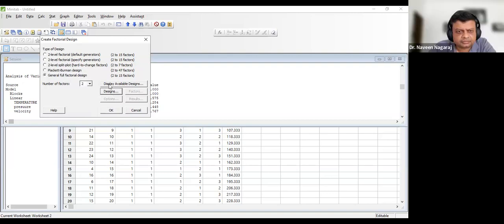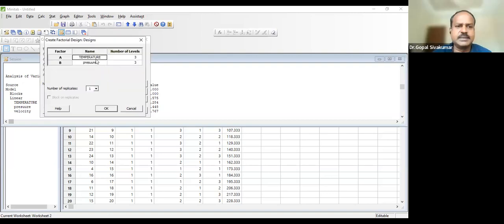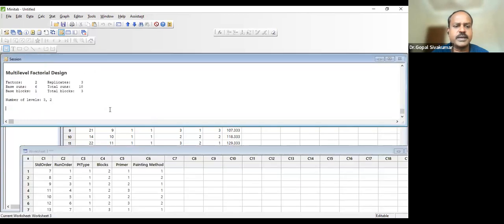Now it is asking me to give the name of the factor. I can type anything that I want: Primer and then Painting method. Primer 3 levels, painting method 2 levels. Number of replications this time is 3. And I'm just taking blocks on replicates. Okay.